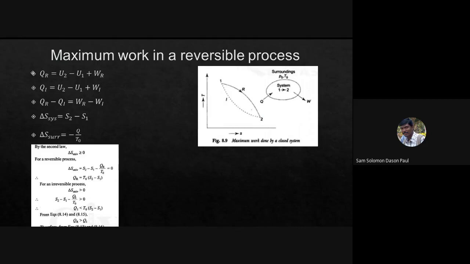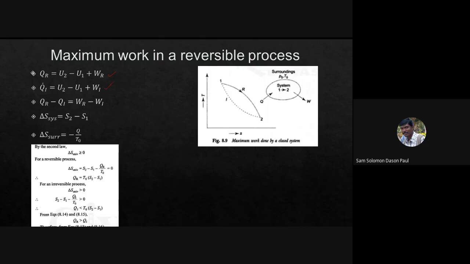During this process, heat is supplied into the system. If you look at this particular diagram, heat enters into the system and work is done by the system, so both Q and W are positive. So Q is equal to delta U plus W, that is U2 minus U1 plus W, and this is for the reversible path. This is for the irreversible path.